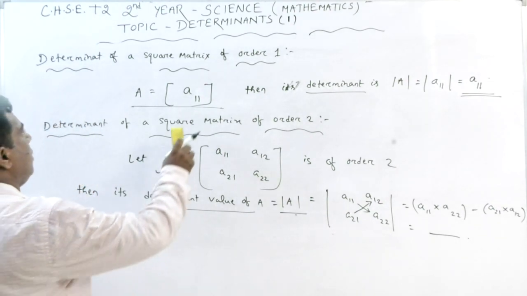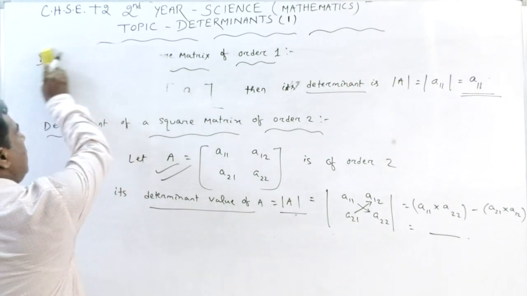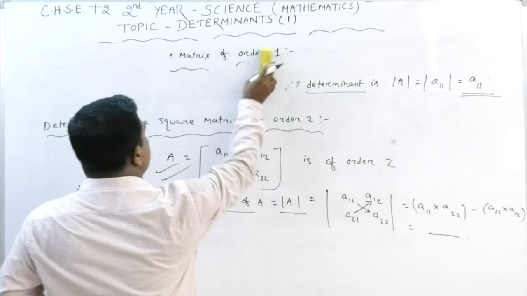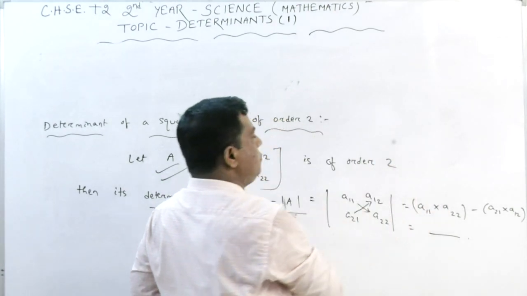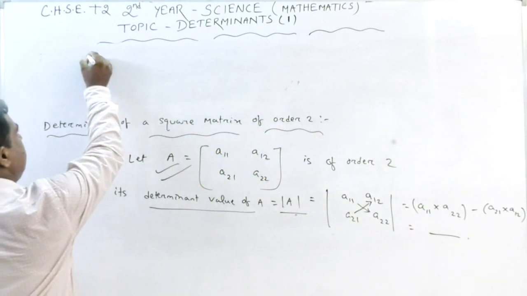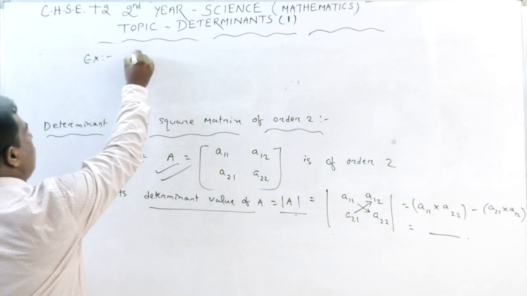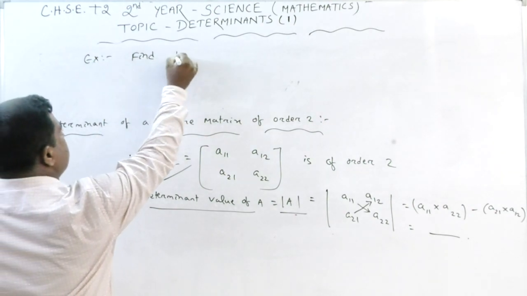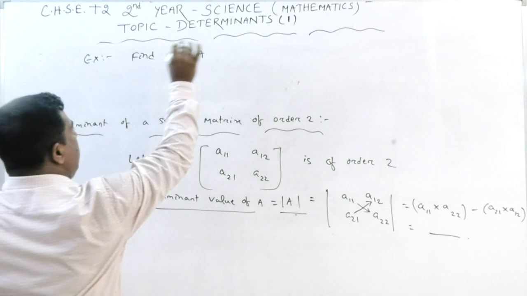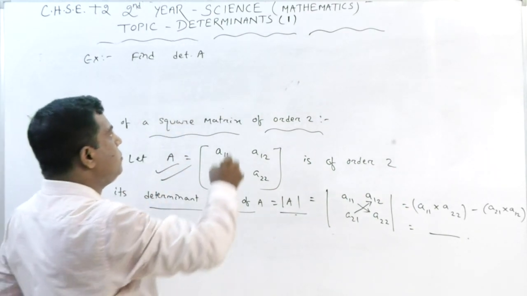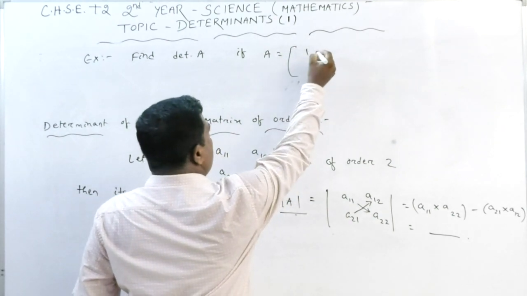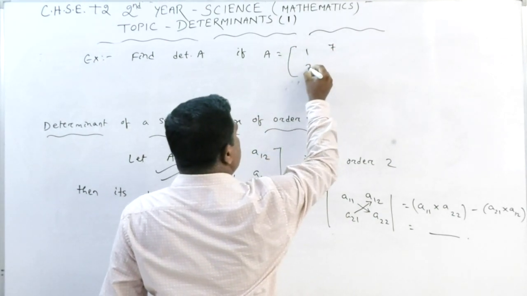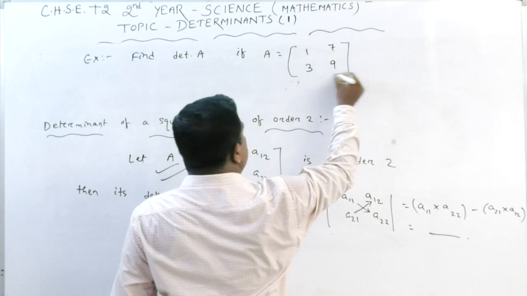So I am cleaning the above portion. Let us take one example for your clarity. Find the determinant of A. It is given, find the determinant of A if A equals 1, 7, 3, 9.